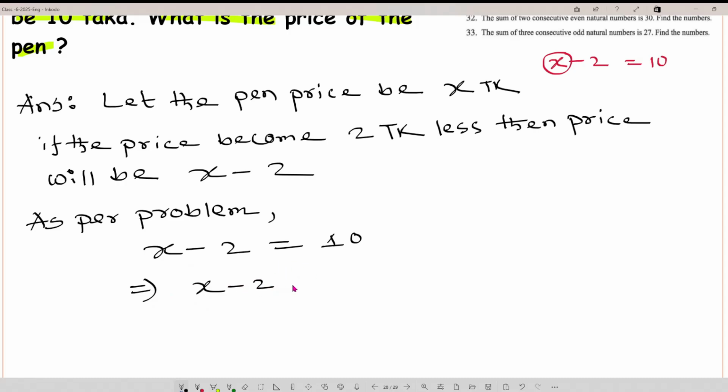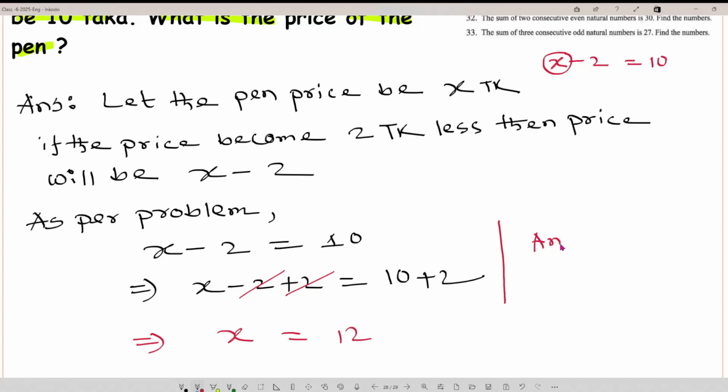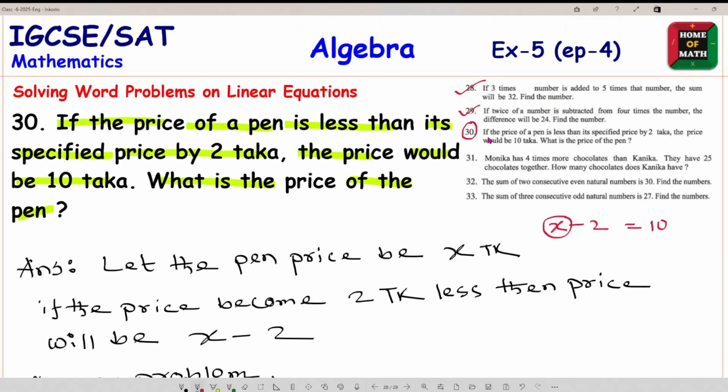So minus 2 plus 2 equals 10 plus 2. So this minus 2 and plus 2 cancel out, and the answer will be X equals 12, and this is our answer. The answer is 12 taka. Okay, very simple. So number 30 done.